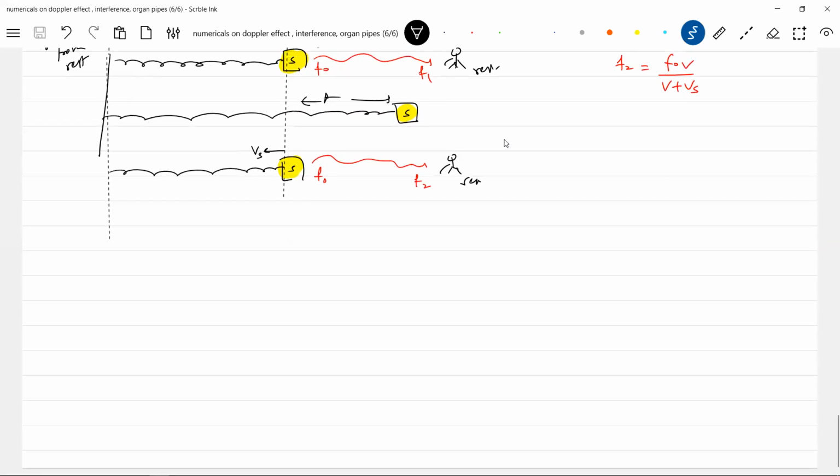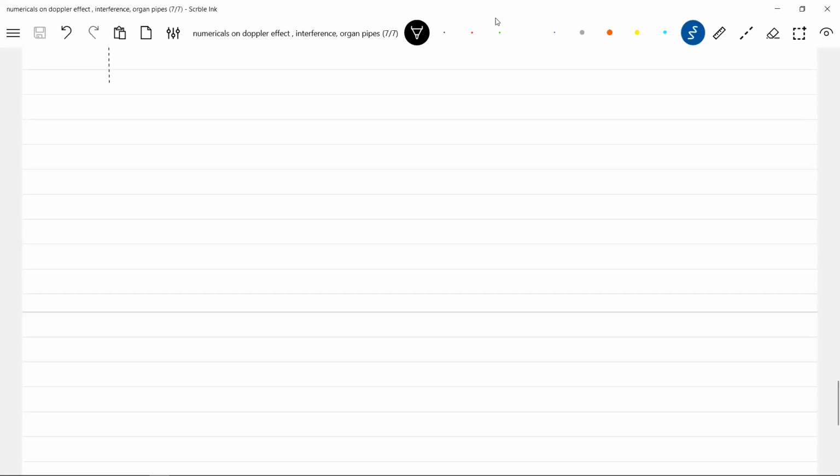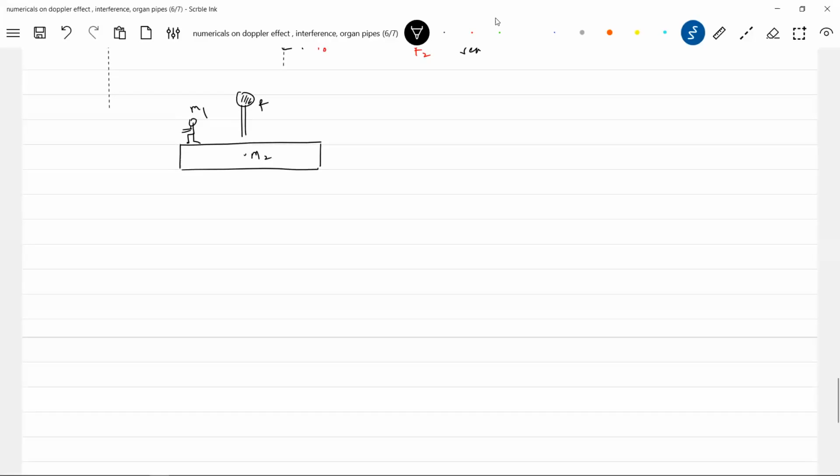So let me introduce a few more. Now, if you have a person of mass M, there's a small point source, or say a loudspeaker, you can put it.